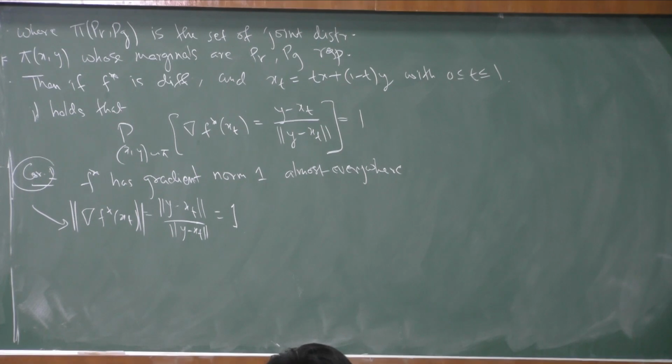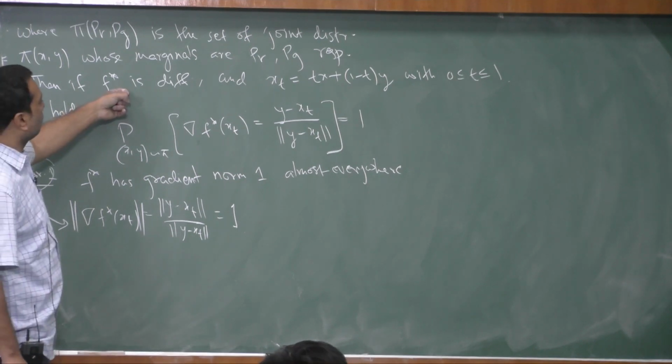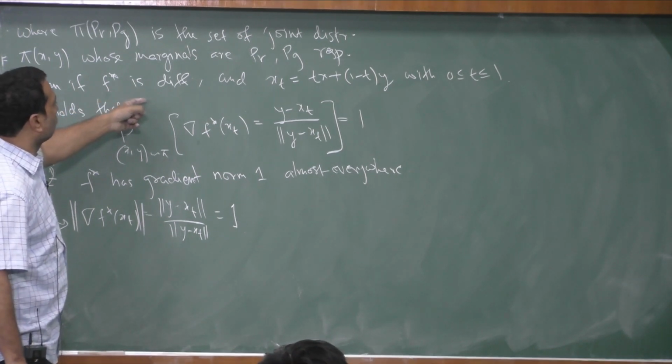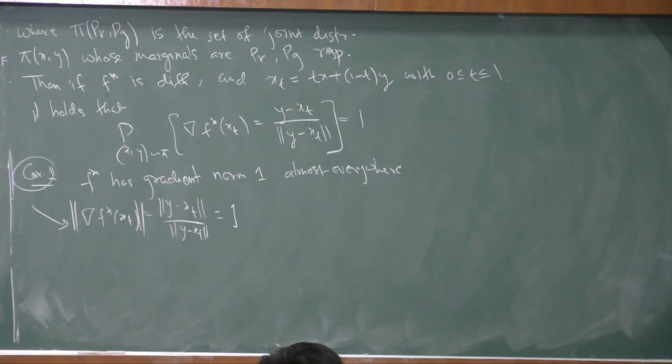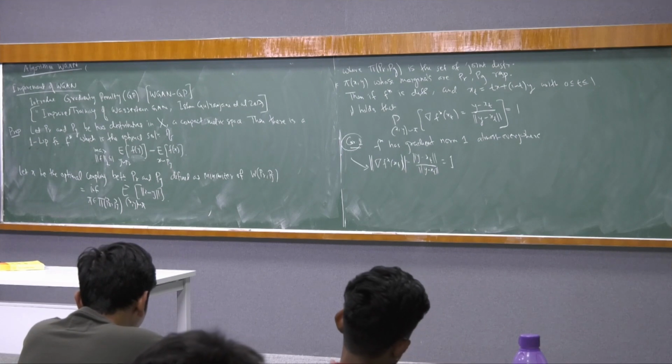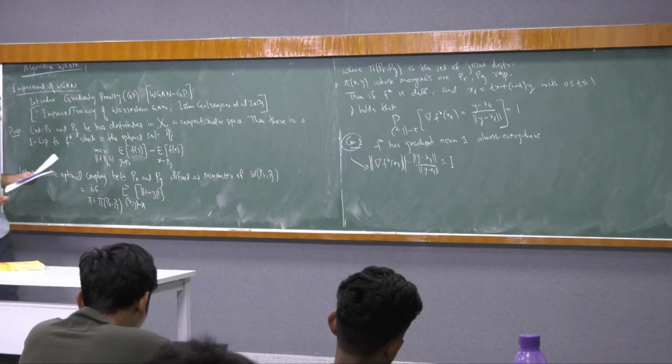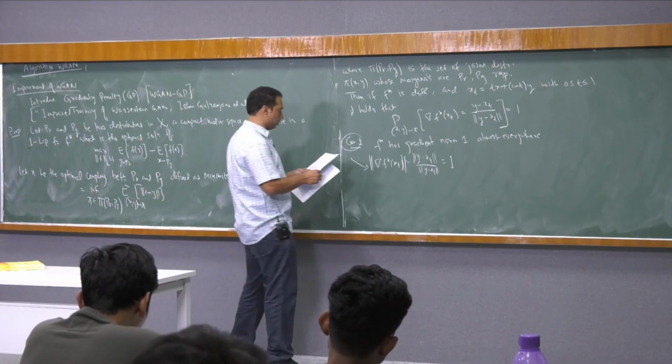But if it happens that it's differentiable, then for x_t of this form, which is between x and y, the norm of the gradient of f star must be 1. This gives them the idea to change the WGAN. I have the proof of this, but whether I do the proof or not, at least what I can say is what the change in the WGAN with GP could be.